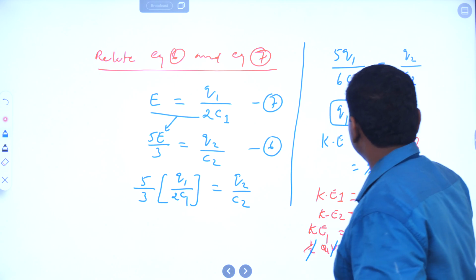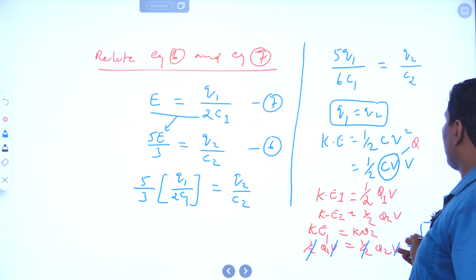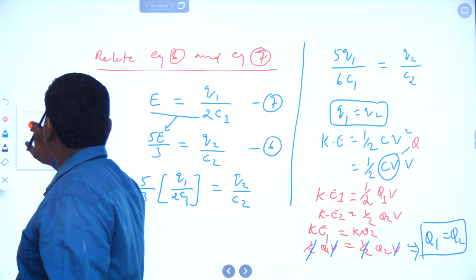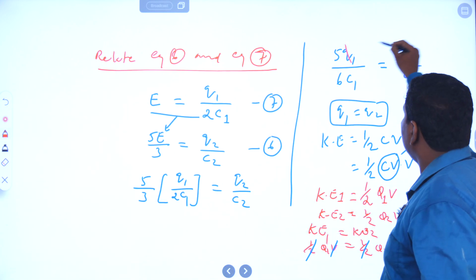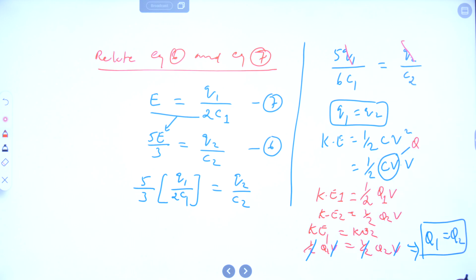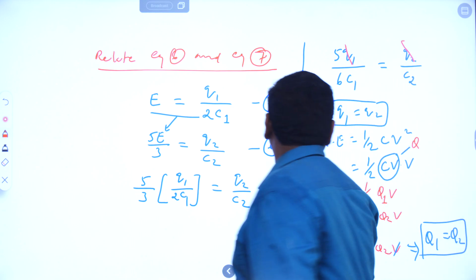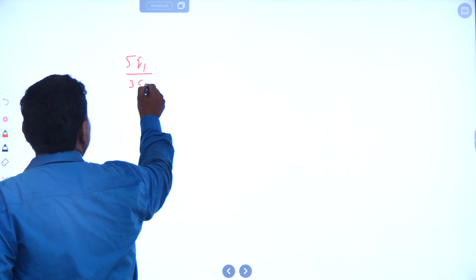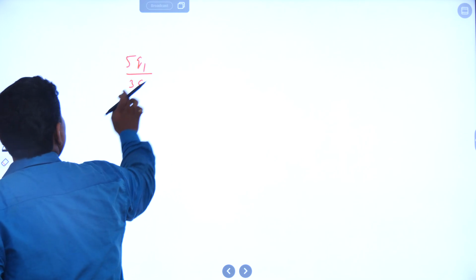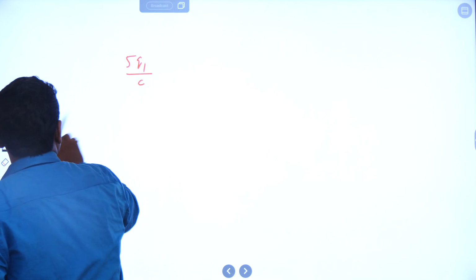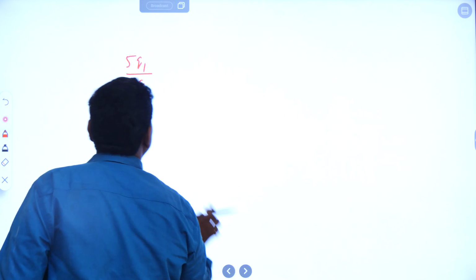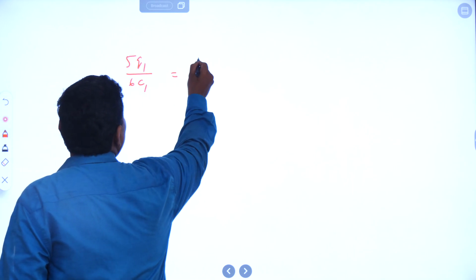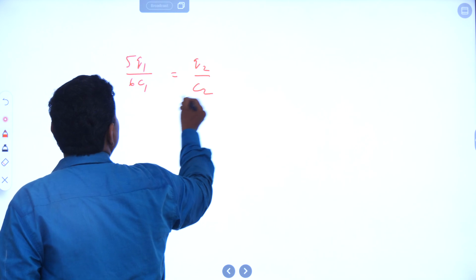Clear? So what is the next simplification? As per the problem statement, Q1 and Q2 have the same value, so this is cancelled. So finally, 5Q1 divided by 6C1 equal to Q2 divided by C2.